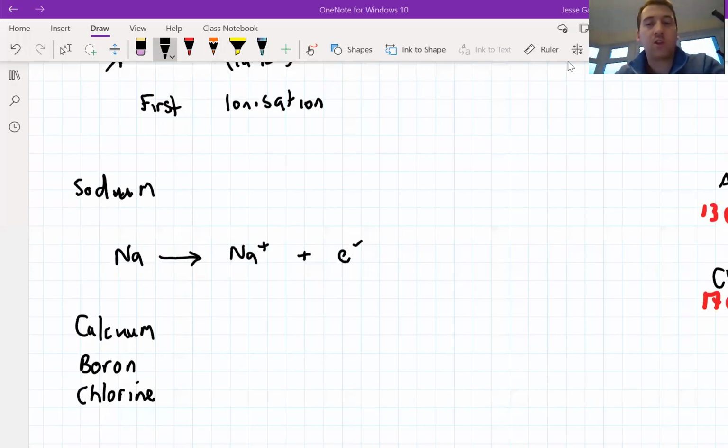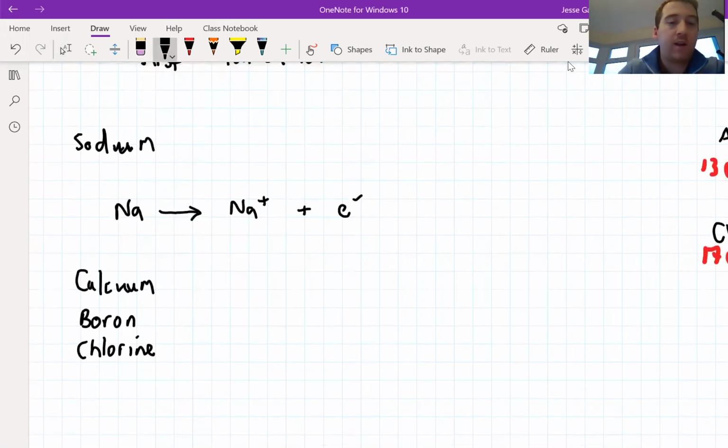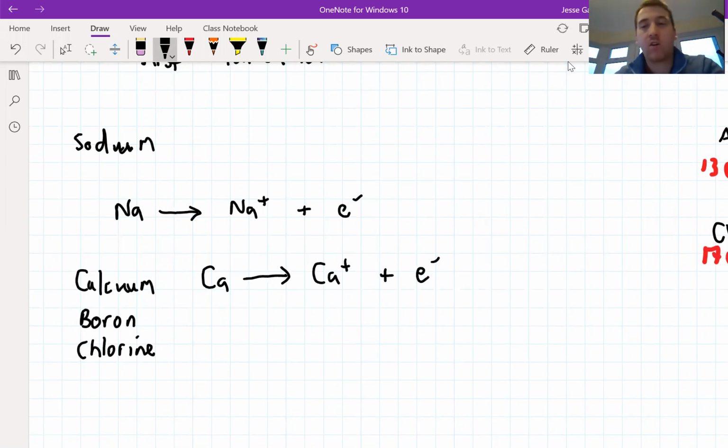Okay, so you should only be watching the video if you have paused and tried to write an equation for each of these things. So this is what you should have. For the calcium, we begin with a calcium atom, Ca, and it's going to become a calcium ion, Ca plus, a monopositive ion, so it's just +1, and we've lost one electron.